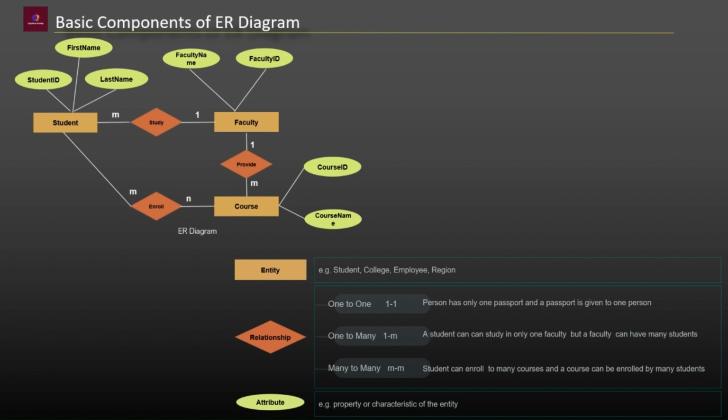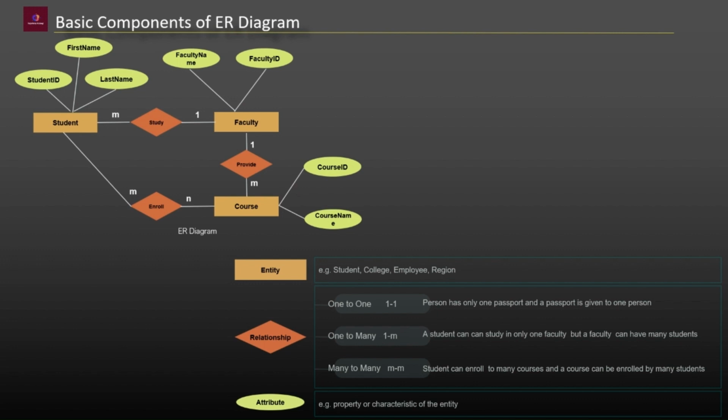However, a student cannot study in different faculties. For example, a student cannot study in both engineering and law at the same time. Therefore, the student side has many occurrences. It is represented with the letter M. Against this, the faculty is defined as 1.